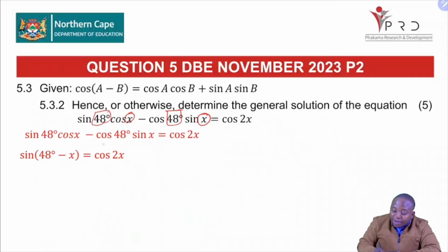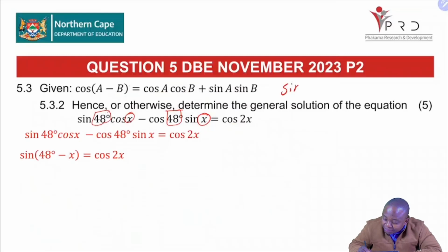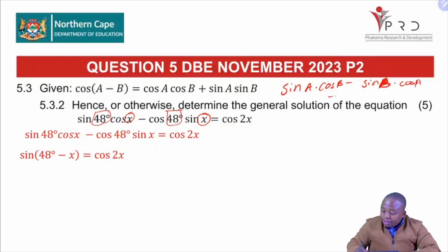When we look at the compound angle for sine, if you go to our formula sheet, we notice that we have sine A multiplied by cos B, minus cos A multiplied by sine B, and this is going to give us our compound angle of sine(A minus B).